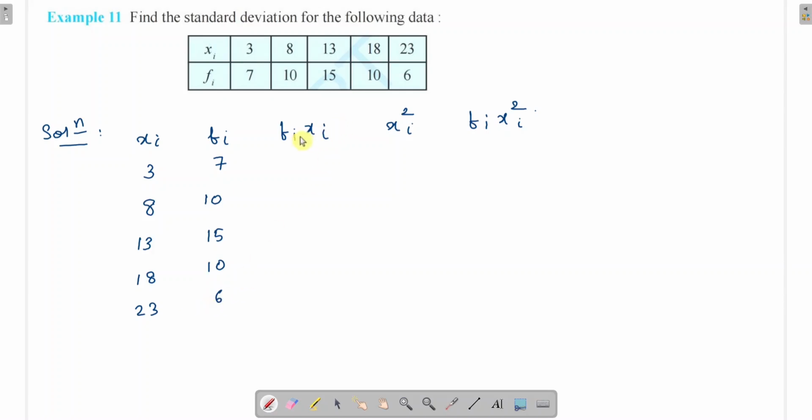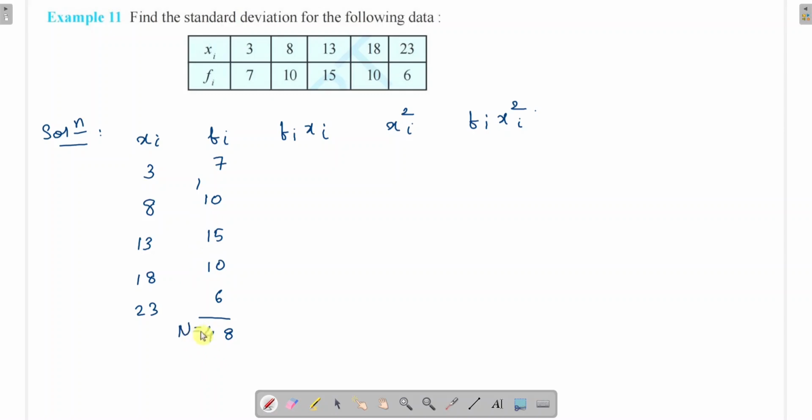Then fi xi, let us calculate. Before that, let us take the sum of this fi: 7 plus 10 is 17, 17 plus 15 is 32, 32 plus 10 is 42, 42 plus 6 is 48.